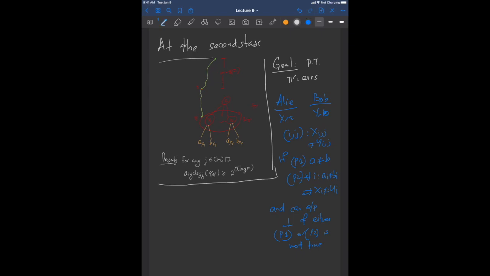So clearly anything inside this set x pi dash, this matrix, can be given to both Alice and Bob, right?